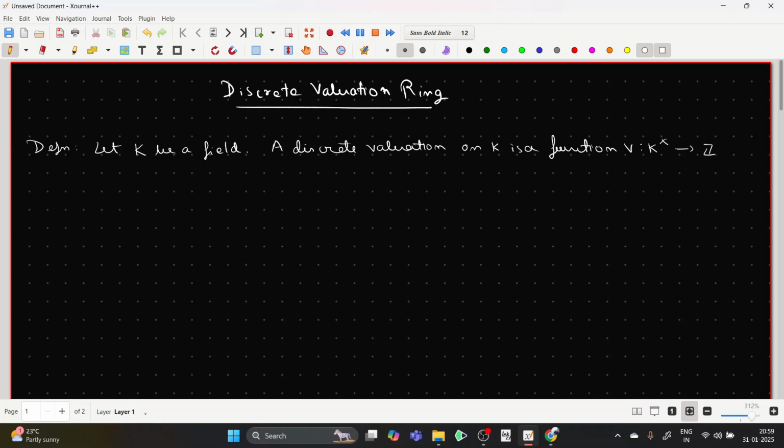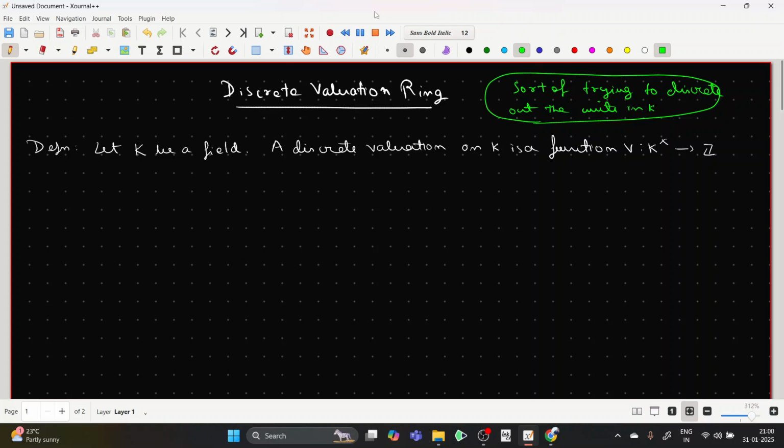Since the image of this function is discrete, we know that the integers are discrete, right? If I just give a brief hint to the name of it, we are sort of trying to discrete out the units in K. So we are choosing the units in K and we are mapping it to a discrete set.